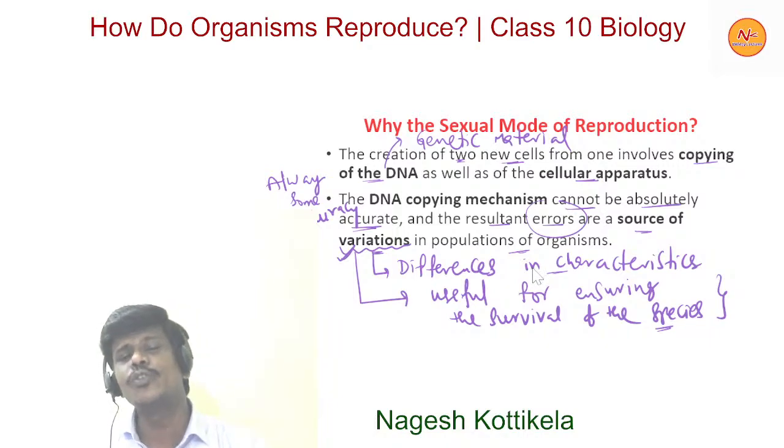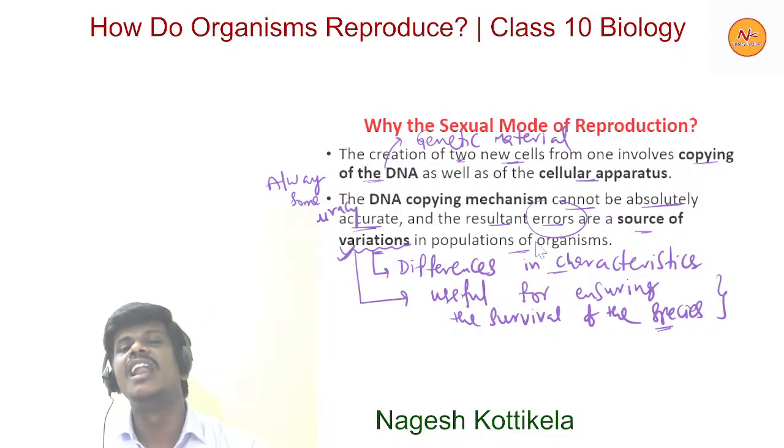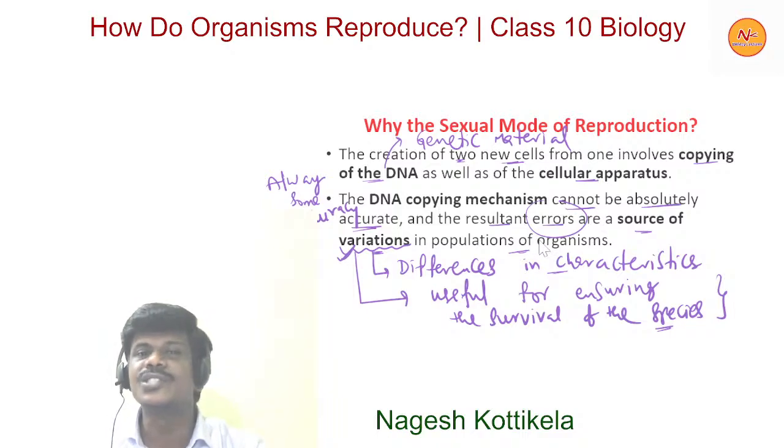In those methods, few variations are produced, but in the sexual mode of reproduction, the number of variations produced is large. That is the difference.